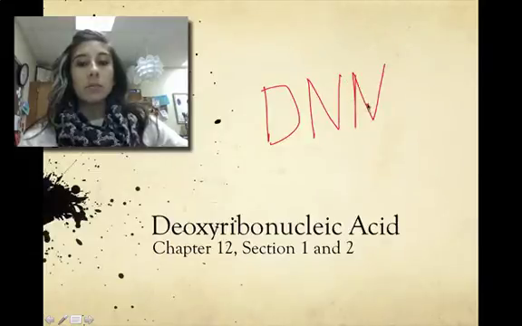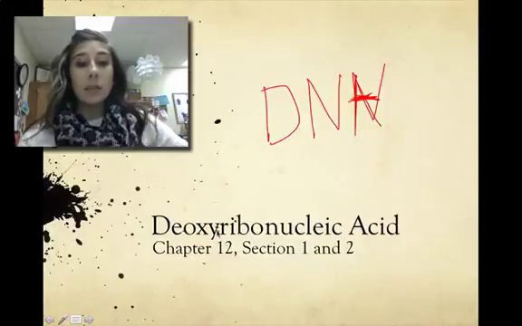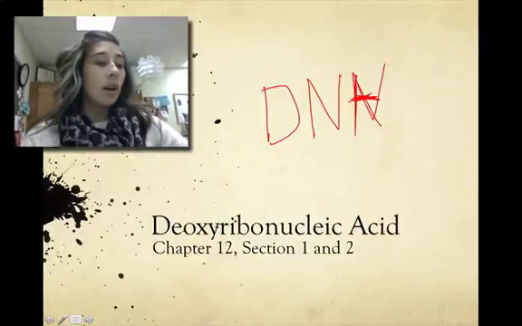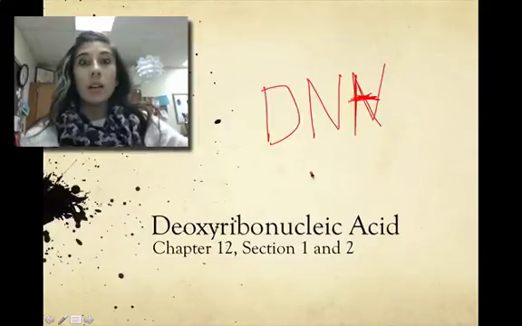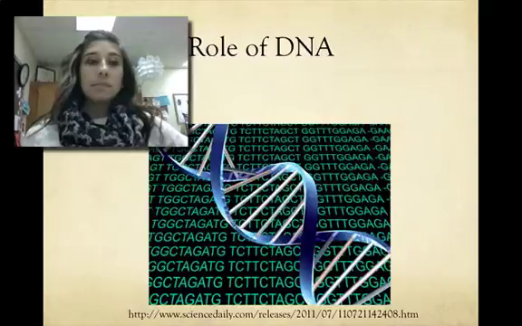I do expect you to understand and to be able to say and spell deoxyribonucleic acid. We don't want to be scared of that word because it is a part of who we are. It's our genetic makeup. And so let's begin.